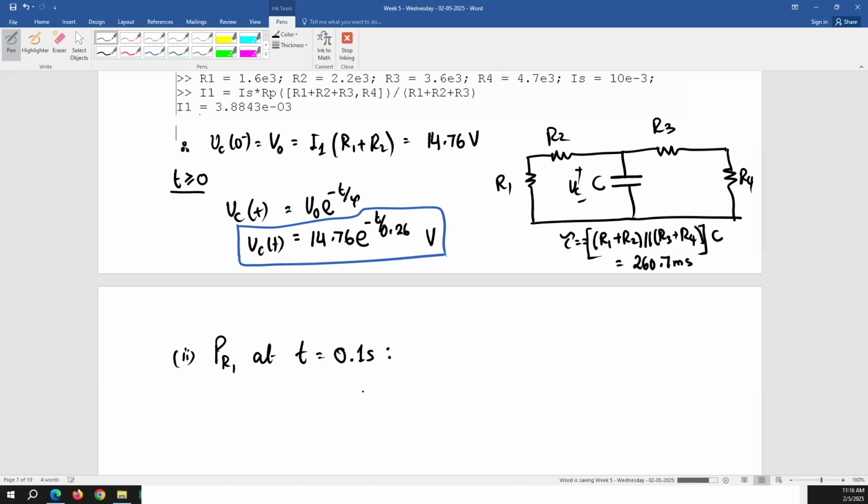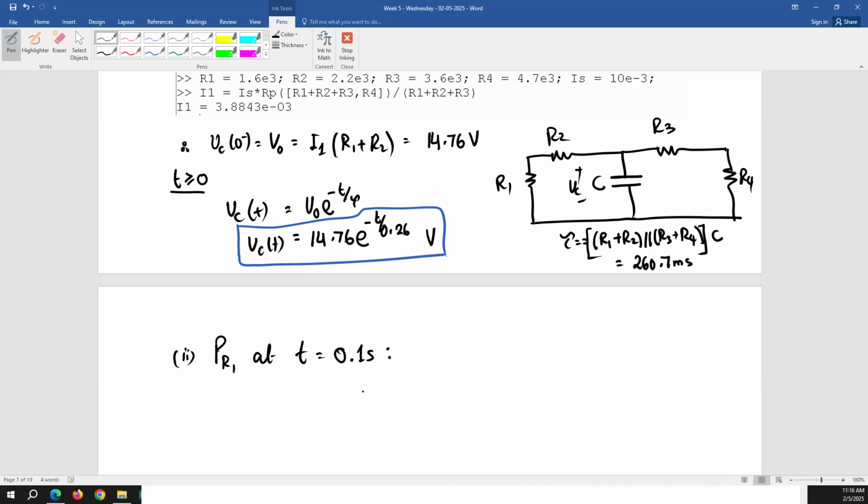Remember, you cannot just use any voltage and divide it by R1. You have to find the voltage across that resistor, square it, and then divide by R1, or you find the current first that is going in that R1 and then I squared R. That's a mistake that I've seen many, many students make: they don't take the correct voltage to calculate power. It has to be the voltage across the component where you're finding the power.